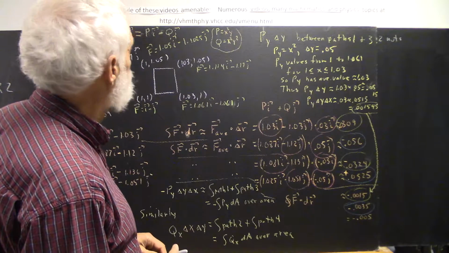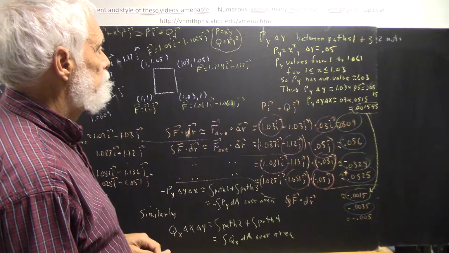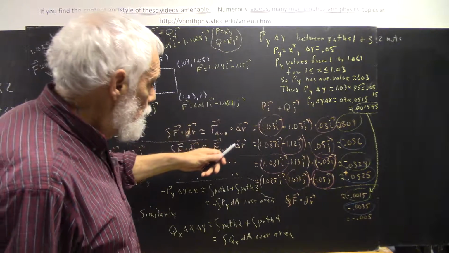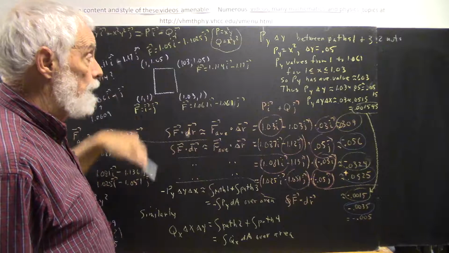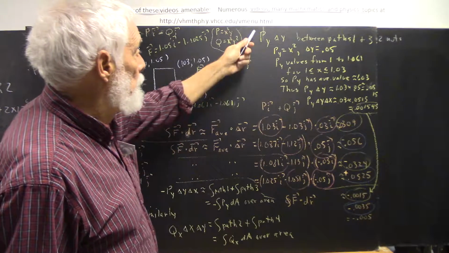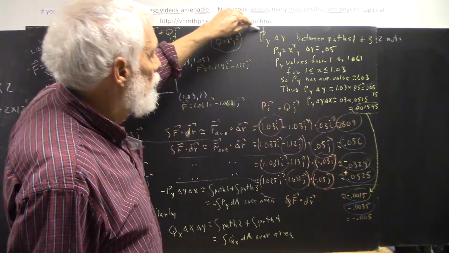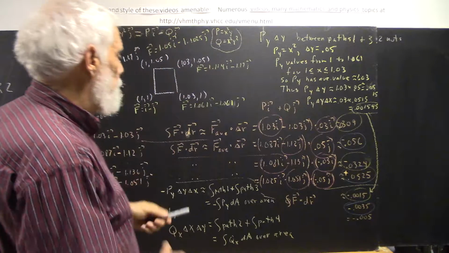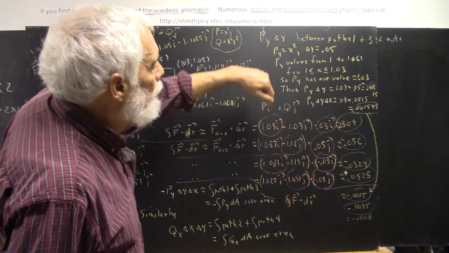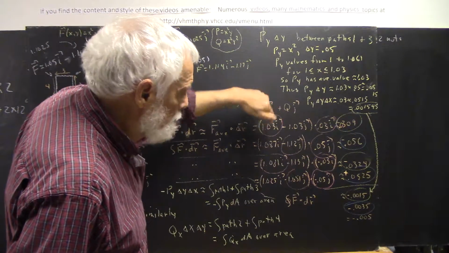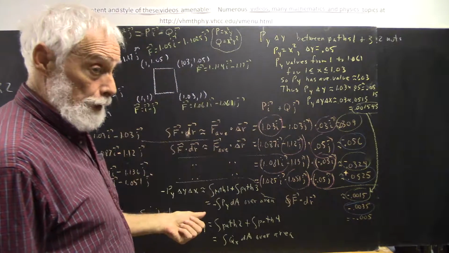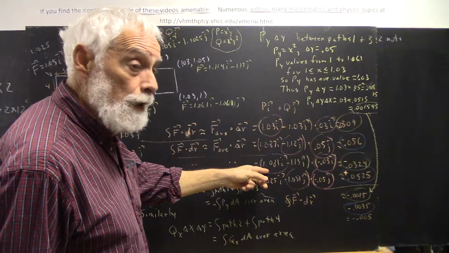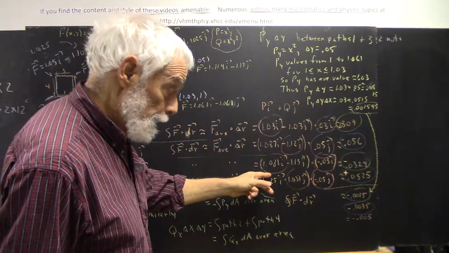The difference between the integral on this path and the integral on this path is due to P sub y, to the rate at which this coefficient of i, the i component of this function, changes as y changes, because between here and here x isn't changing, y is.